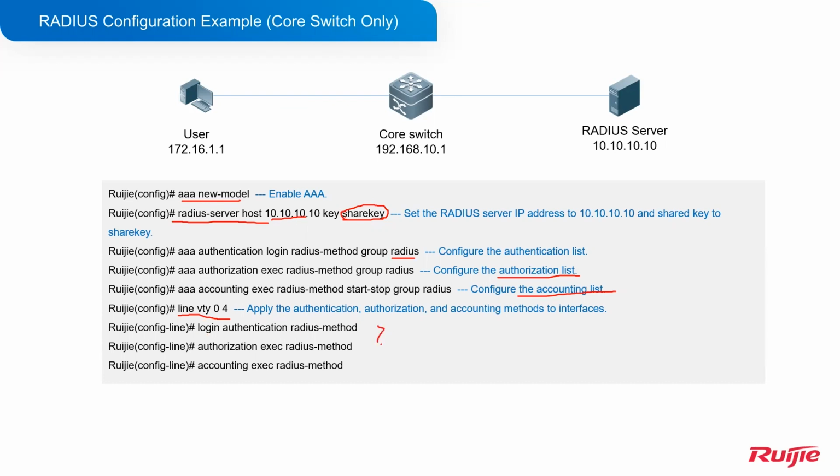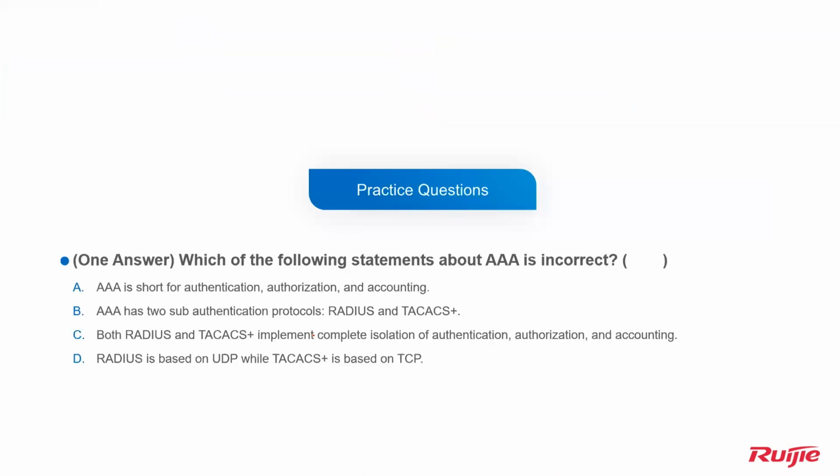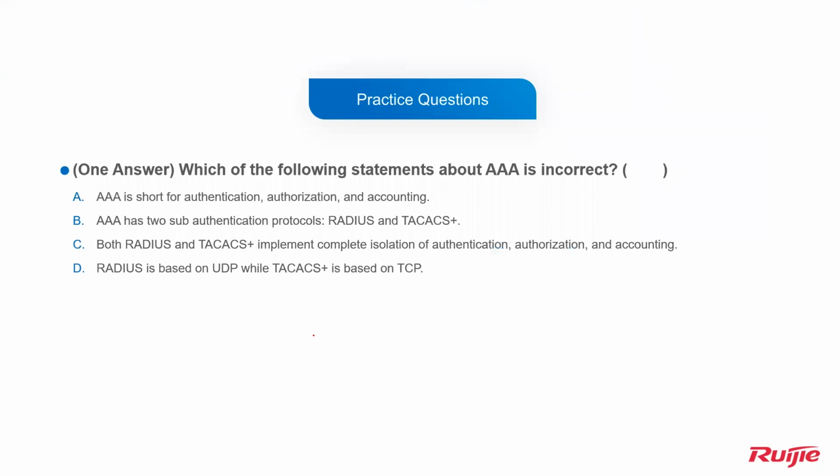The method to apply them is shown here: login authentication radius method, authorization exec radius method, accounting exec radius method. So from here, you can find the configuration of RADIUS is a little simpler than that of TACACS+, right? Okay, after knowing this, next let's see some questions.